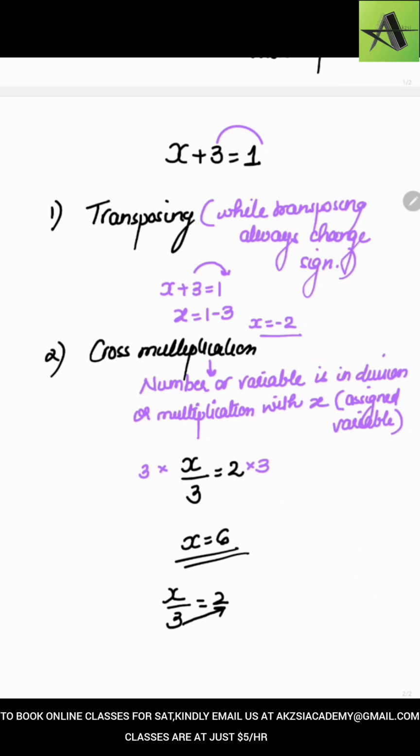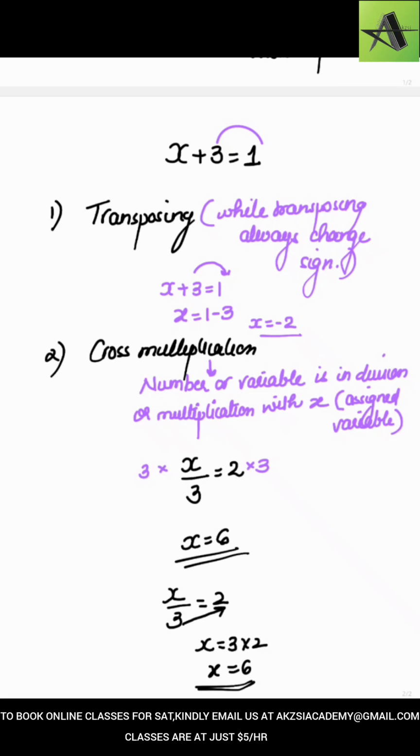So 3 will go up there with 2. So x is equal to 3 into 2, which is 6. So either you can opt for the reverse operator thing, and it's the same. Cross multiplication is the same thing, but you can say a shortcut of it. So these are the two ways by which you can solve any harder linear equation.